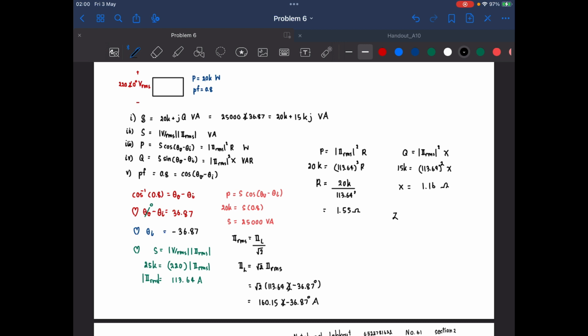So we've got the ZL is equal to this plus this.